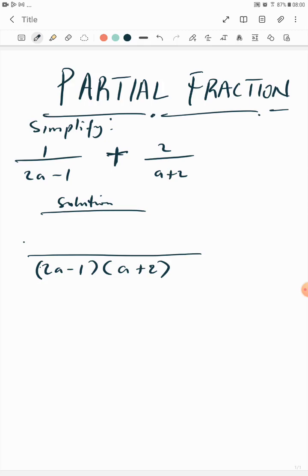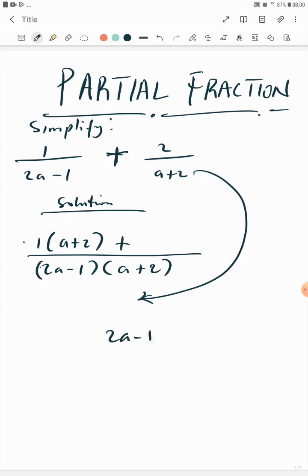So 2a minus 1 goes into this, and what will remain will be this. We take a plus 2, so that will be 1 bracket a plus 2, and then we have plus a plus 2. Just see it like you are doing 2 minus 1, a plus 2 divided by a plus 2.